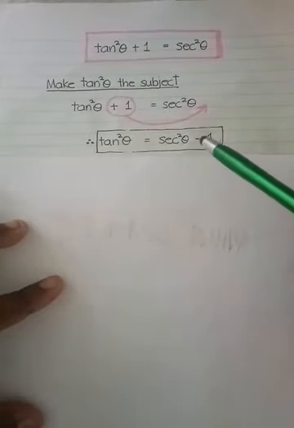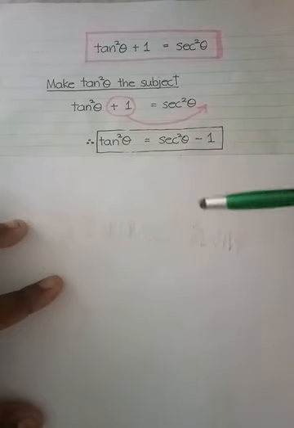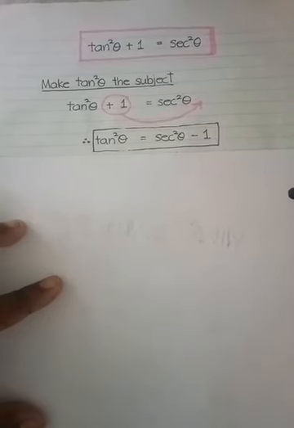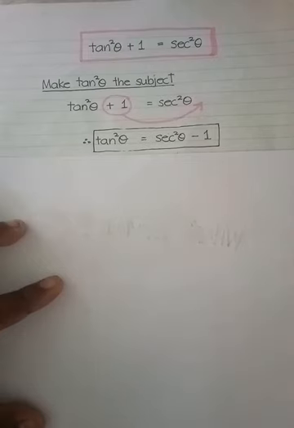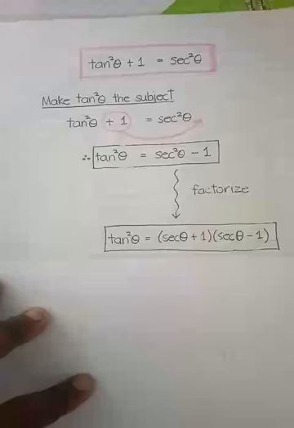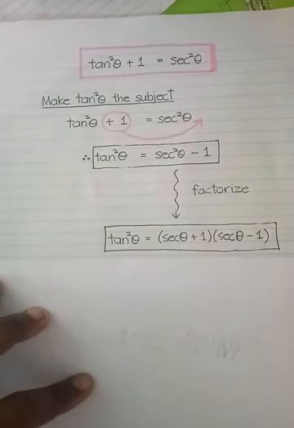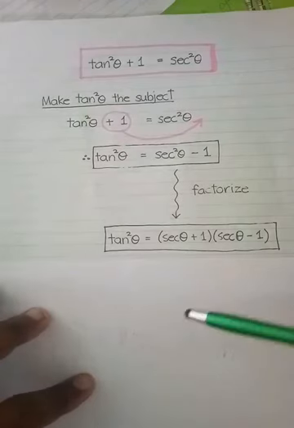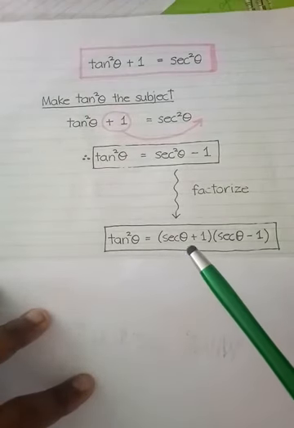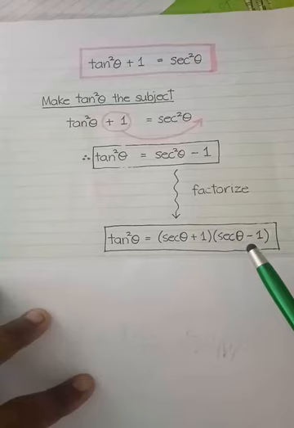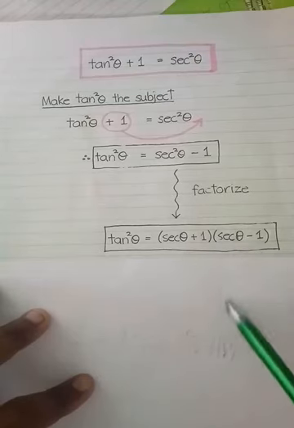And this sec squared theta minus 1 undergoes the same difference of two squares that we've known by now with the two previous examples. So it can be factorized further. And when factorized, it gives us tan squared theta is equal to sec theta plus 1 and sec theta minus 1. That's a difference of two squares.